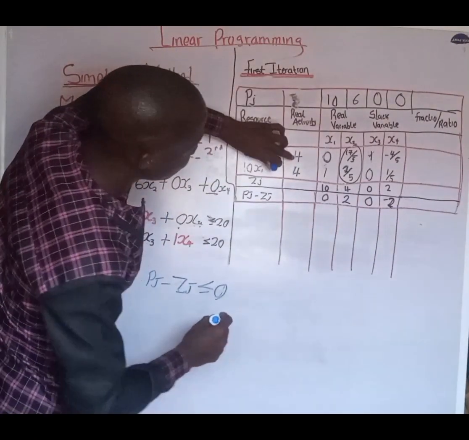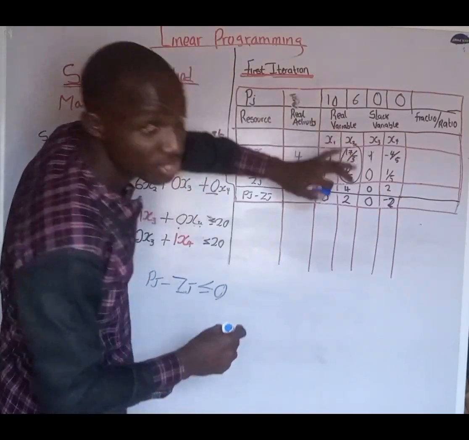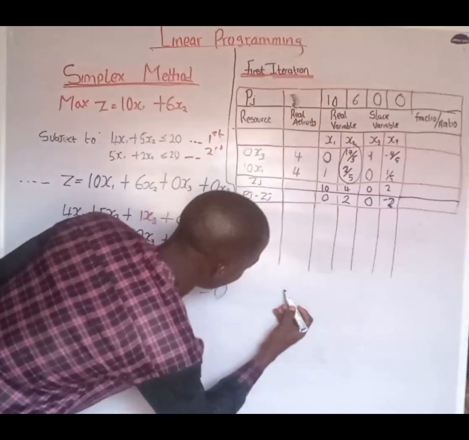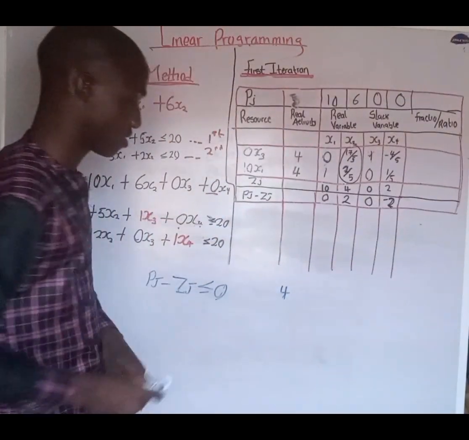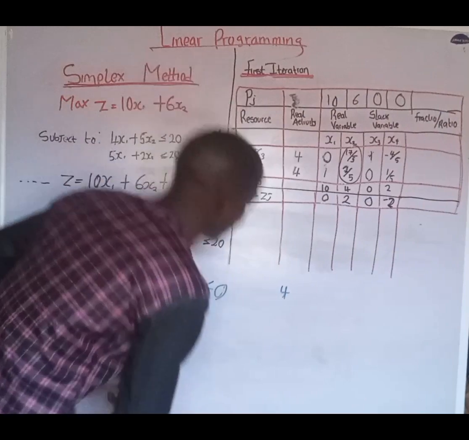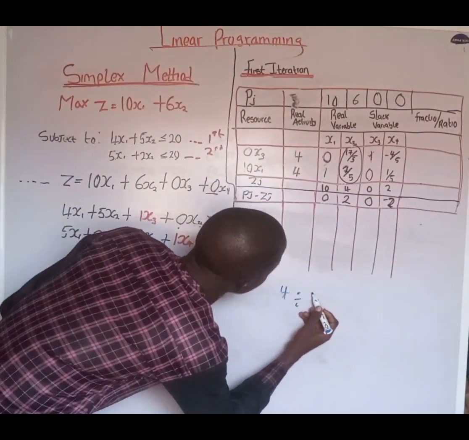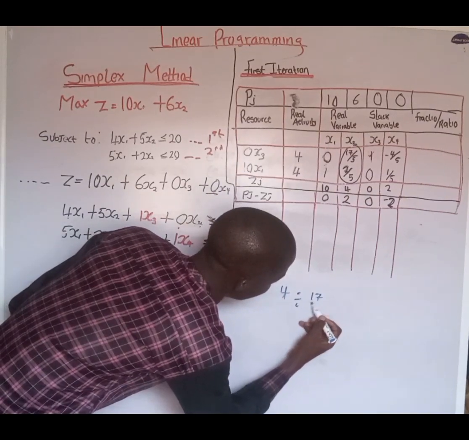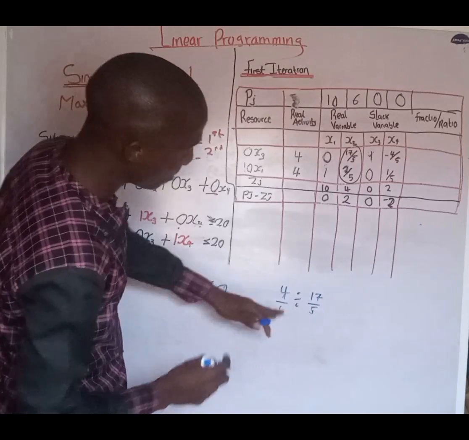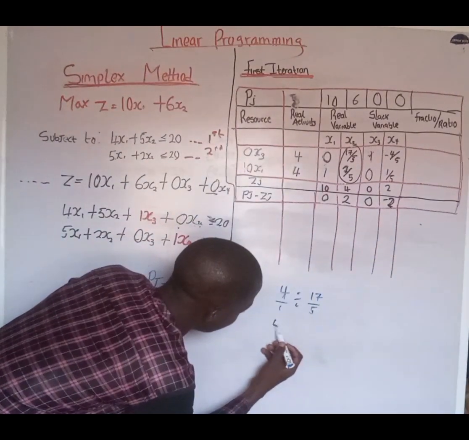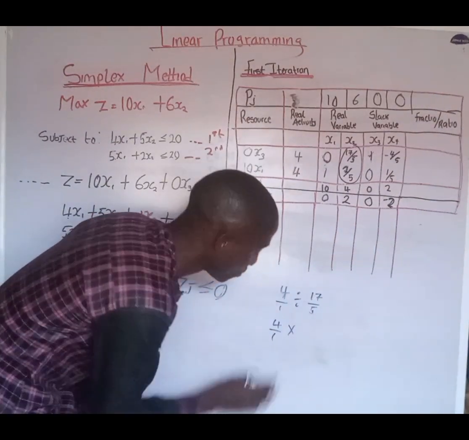In this place, I have a real activity of 4, and the corresponding element in the key column is 17/5. So I'm going to have 4 divided by 17/5. I can represent it as 4/1, and the division sign will change to a multiplication sign.